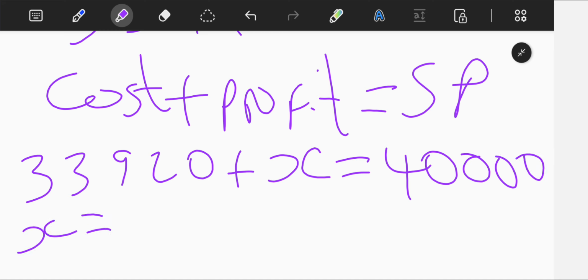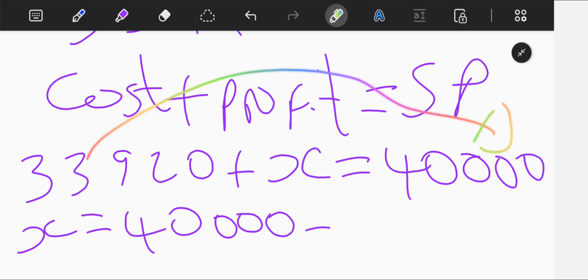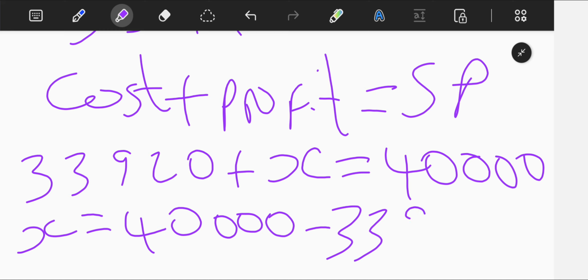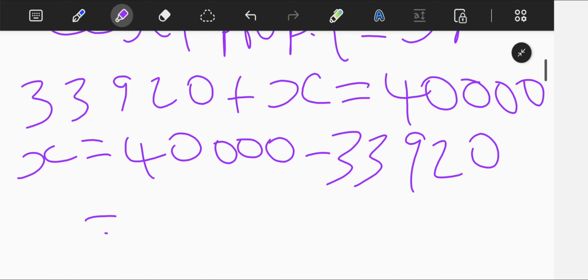x is equal to 40,000 minus 33,920. This one is going to jump the equal sign and change the operation sign. And how much is our profit? 40,000 minus 33,920.